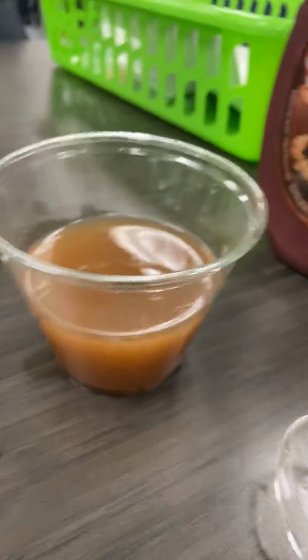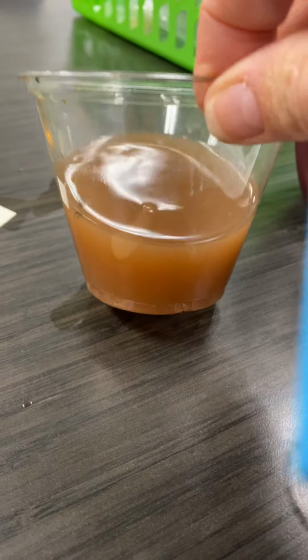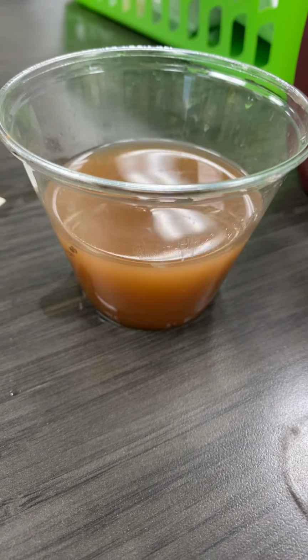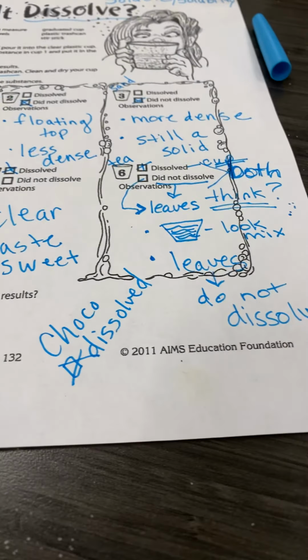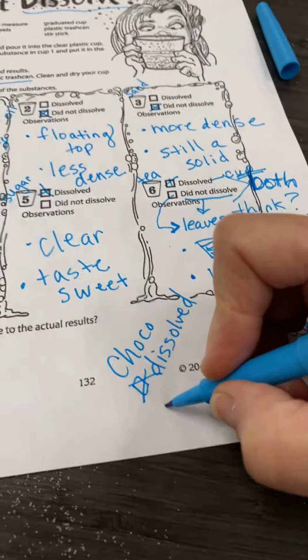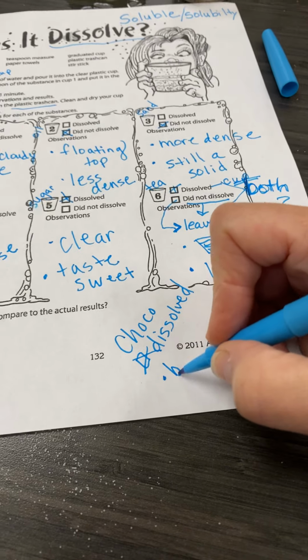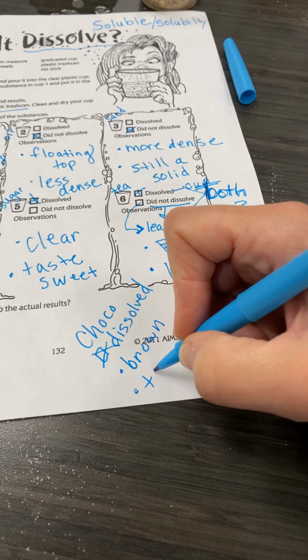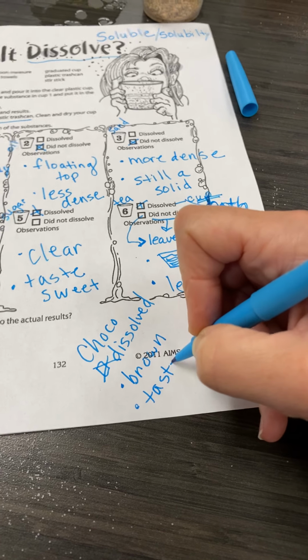And yes, I can still see the chocolate. It does not have to be clear to dissolve. If it evenly mixed, it is soluble. So yes, the chocolate is soluble. It did evenly mix. I observed that my water is brown. Yes, it would taste like chocolate.